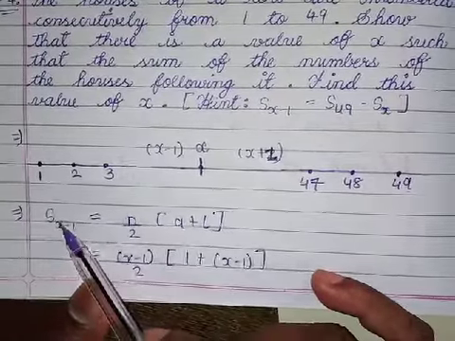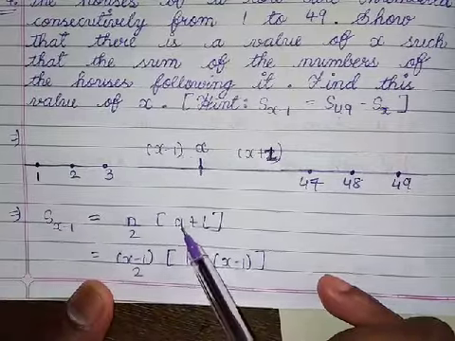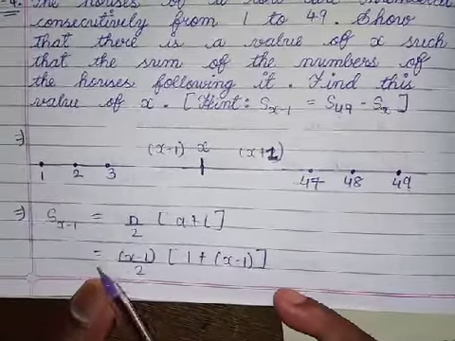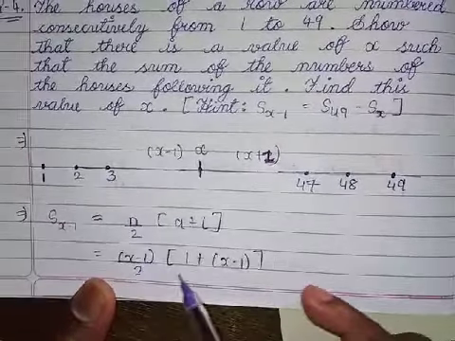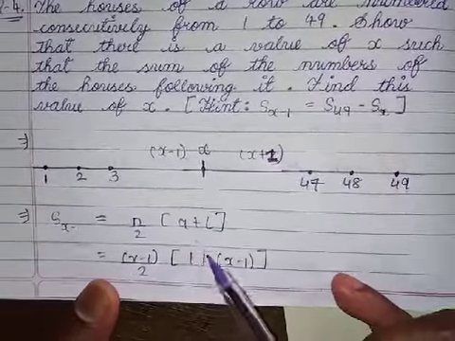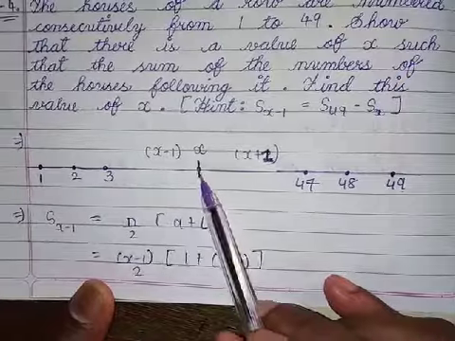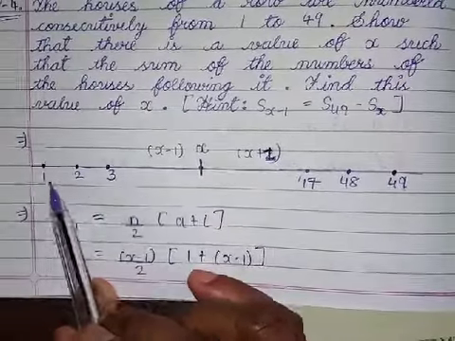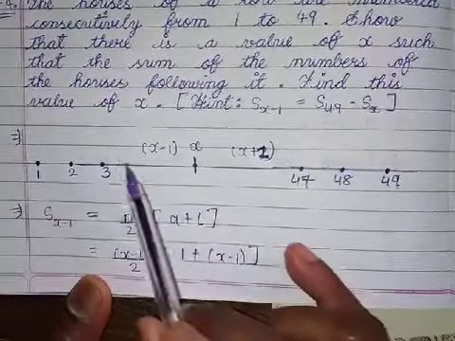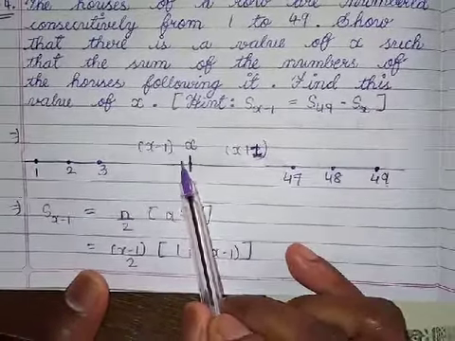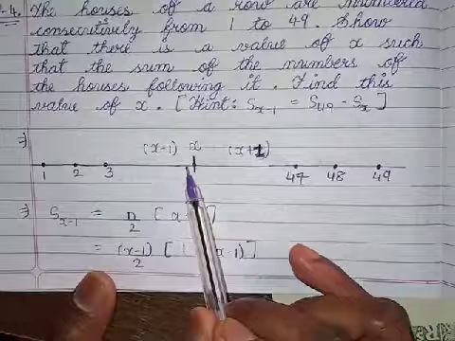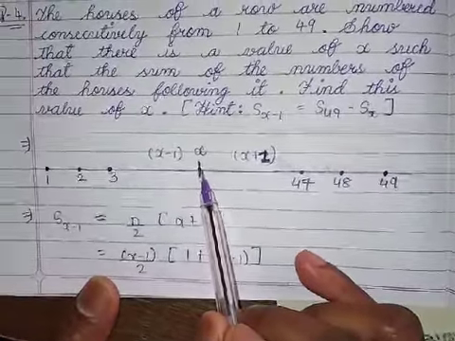We have Sn is equal to n by 2 times a plus l. Using this formula, n is equal to x minus 1. The first term is 1. What is the last term? It is x minus 1, not x, because we are calculating up to this, then x.